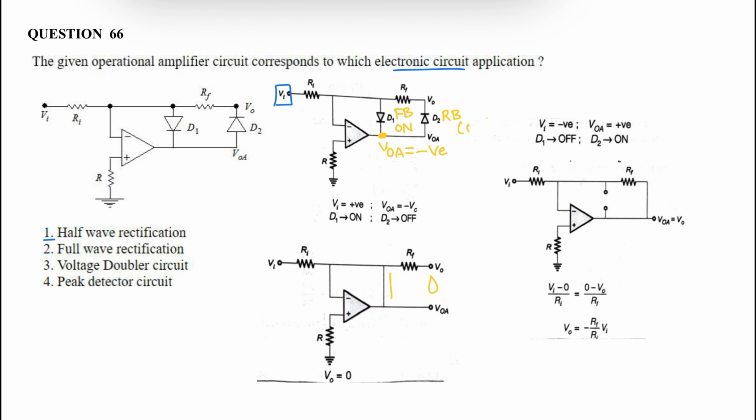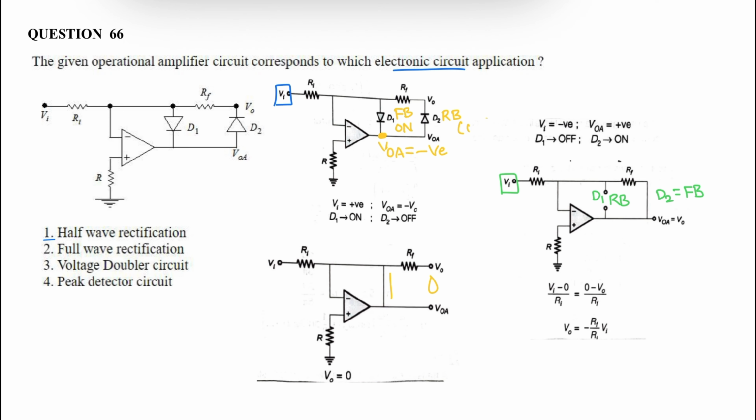Again, when the input voltage Vi is negative, we will get the diode D2 as forward bias and D1 as reverse bias.